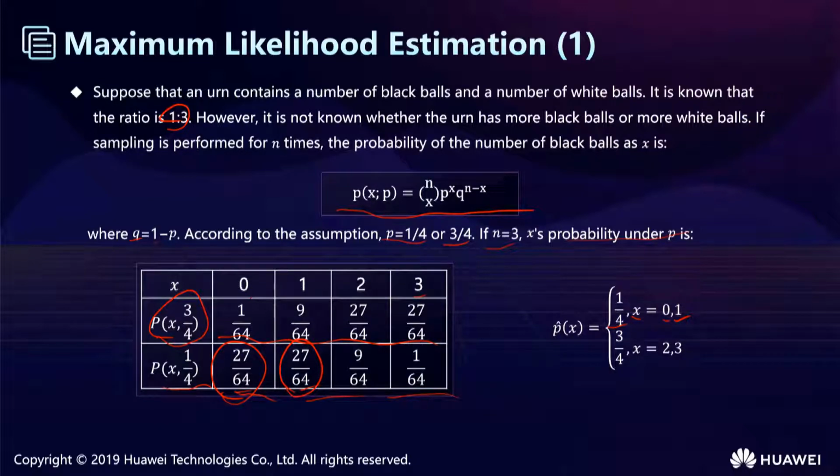When x is equal to 2 or 3, we choose p equal to 3/4, because it is also larger. So when x equals different numbers, we choose the parameter with the larger probability, and that's the core idea of maximum likelihood estimation.